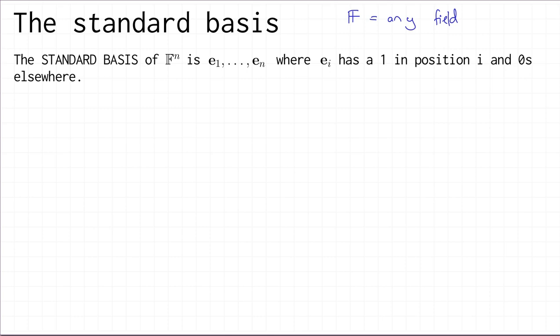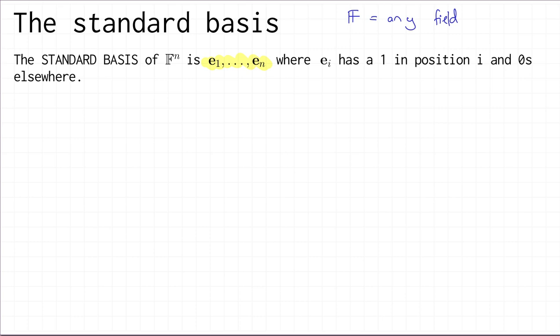So like R to the n, for example, is the set of all column vectors of height n with real number entries. And it's very easy to write down a particular basis of F to the n called the standard basis, and that standard basis consists of the vectors e1 up to en, where ei is the vector which has a 1 in position i and zeros everywhere else.